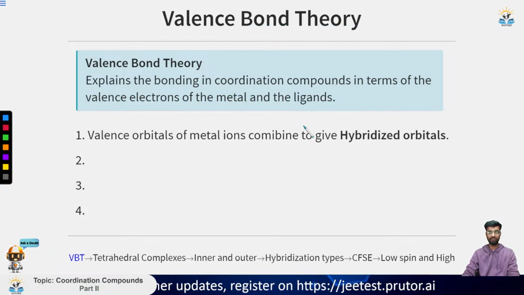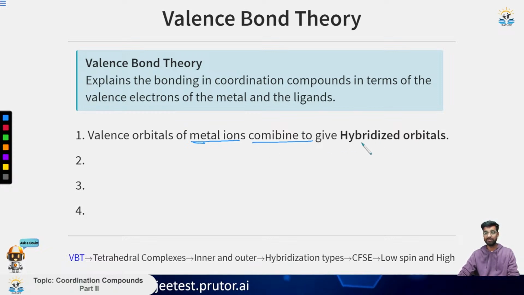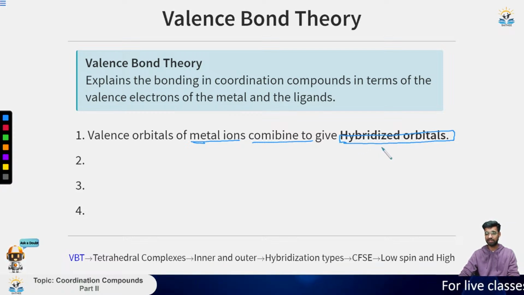First of all, whenever a ligand approaches a metal ion, the valence orbitals of the metal ion rearrange, or you can say combine, to give hybridized orbitals. It is similar to the hybridization concept in chemical bonding.